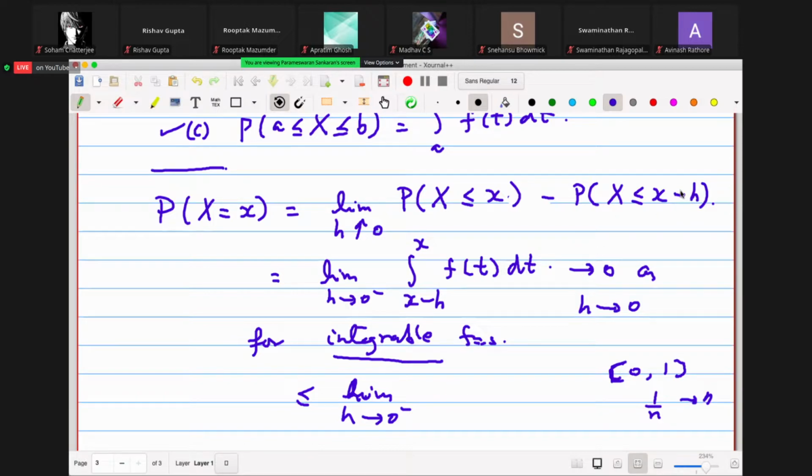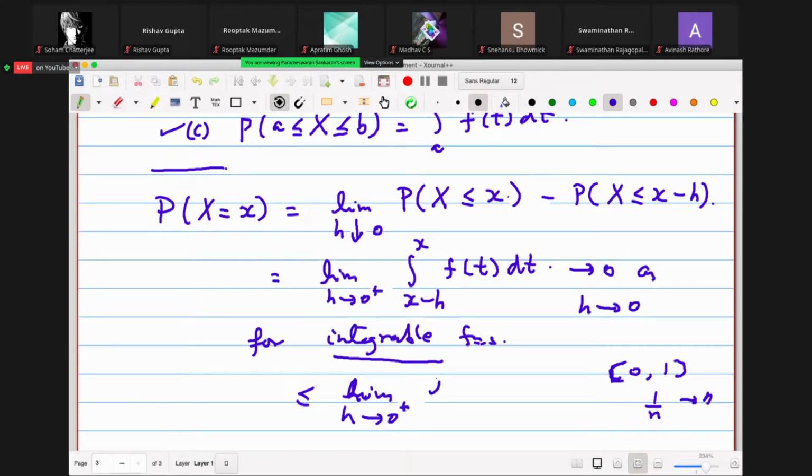Here I wrote h increases to 0; better to write decreases to 0, because in my mind h is positive, 0 plus, through positive values.